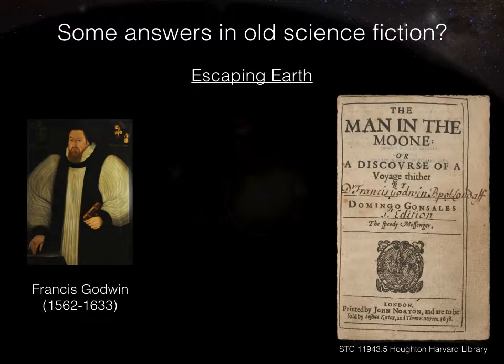So, of course, if we want to know how we escape from there, we can try to find some answers in people who have written in the past about leaving Earth to, for example, reach the moon.